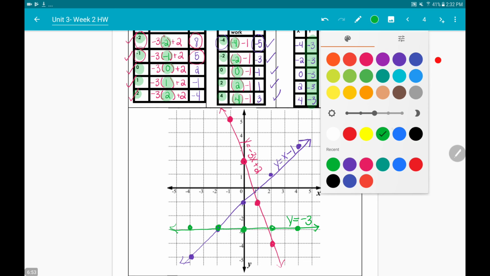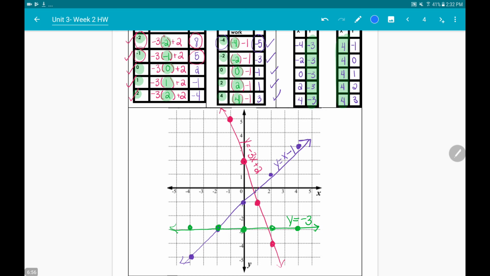Okay, and then lastly, I'm sorry, 4, negative 1, 4, 0, 1, 2, 3. This line is our vertical line. Okay, so my vertical line goes this way. I put my arrows and then I label it x equals 4. Okay, so that's exactly what we're going to be doing on our assessment on Thursday and Friday.